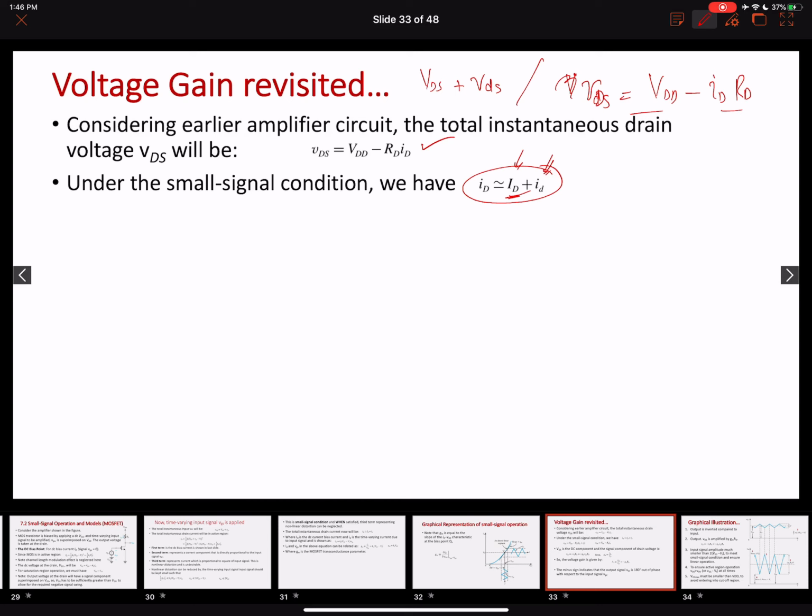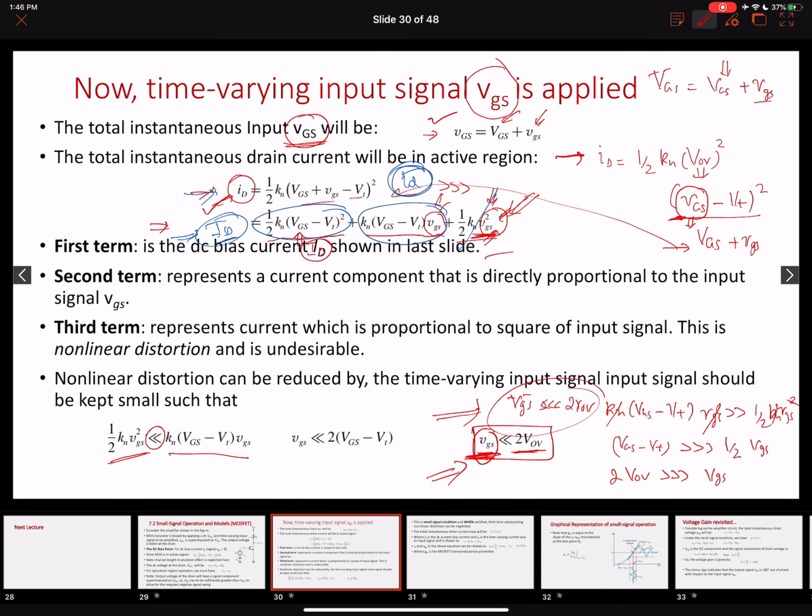The only difference is in the time varying current; the other term remains the same, irrespective of whether we ignore the third term or not. This id is either composed of both the second term and third term, or only the second term. Since we are assuming small signal operation to be true, we can ignore the third term, and our small id is only equal to Kn VOV vgs.